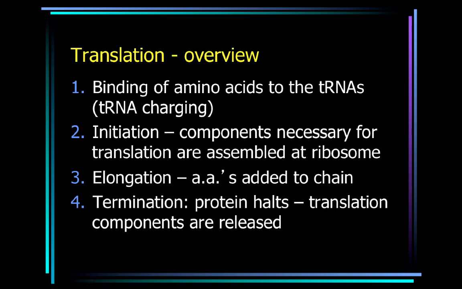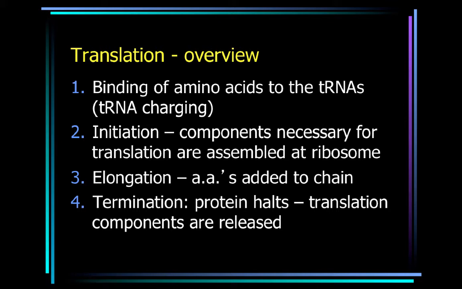All right, so an overview of translation is that it really happens in four major stages. The first stage is transfer RNA charging, and this is where the amino acids are going to be floating around inside the cell, and those are going to be charged or attached to the transfer RNAs.